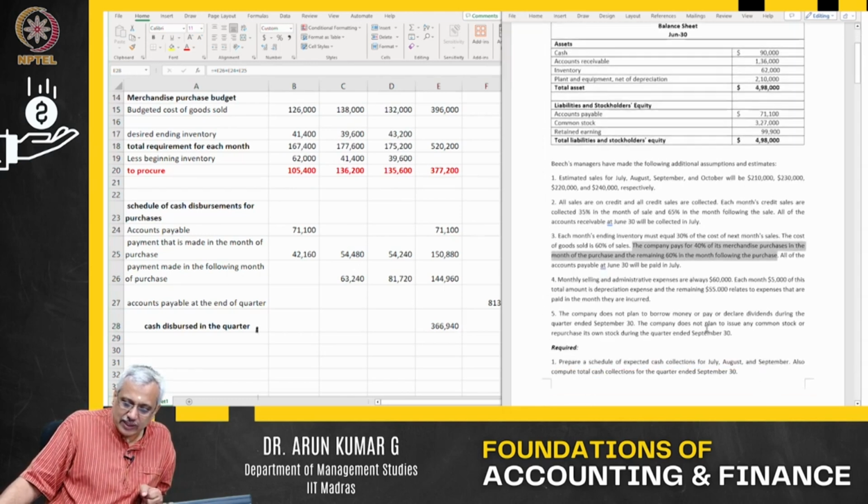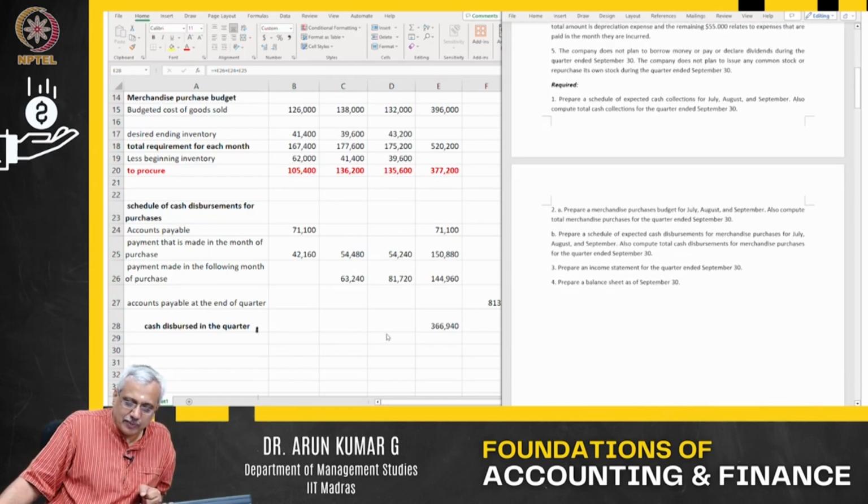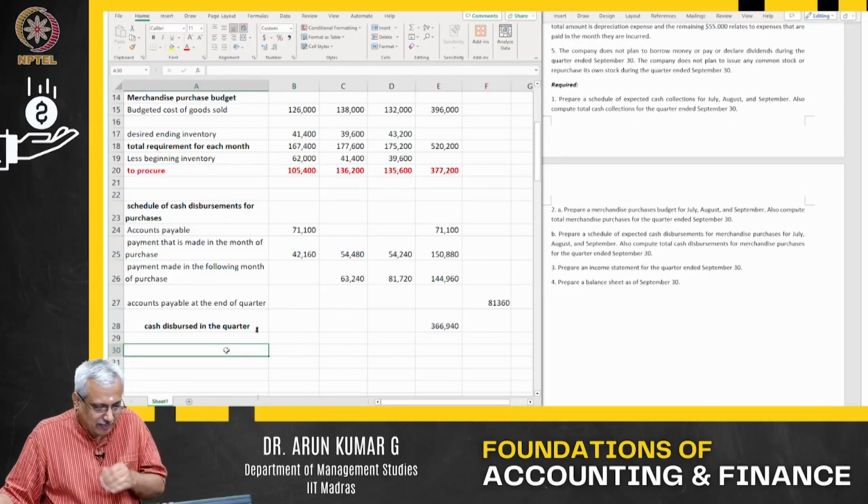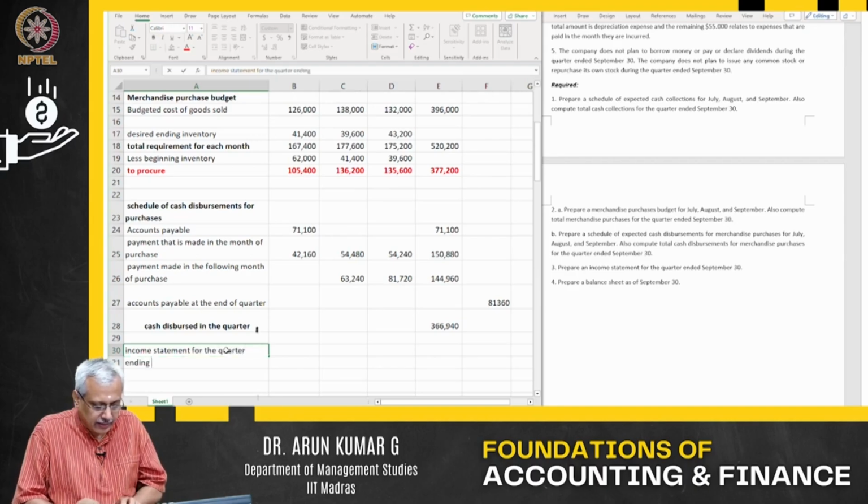Now I go to the next one, the last statement out here: preparing the income statement and balance sheet. Let us prepare the income statement for the quarter ending September 30.